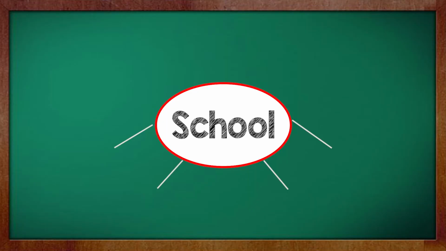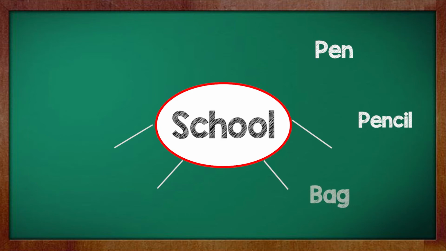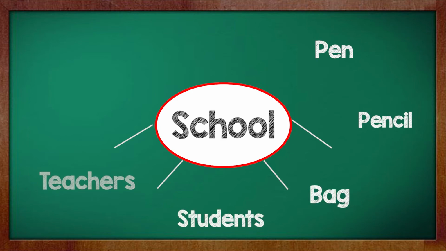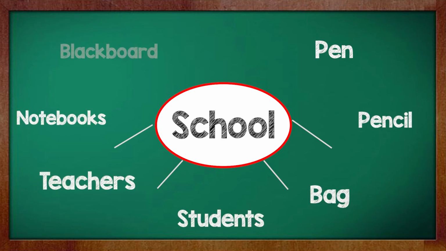For example, if the word is school, I will have to write down words that come to my mind when I think of the word school: pen, pencil, bag, students, teachers, notebooks, blackboard, and a lot more words. So just like that, you create a word chain.